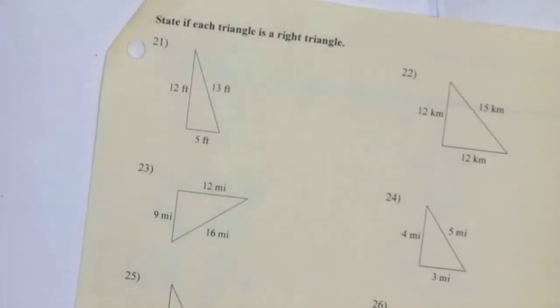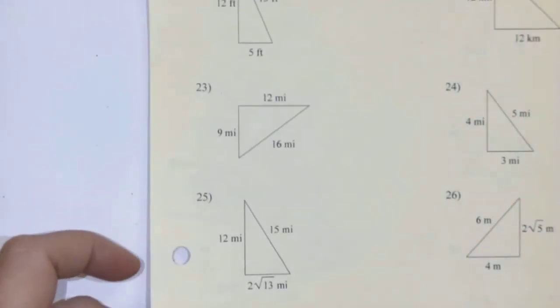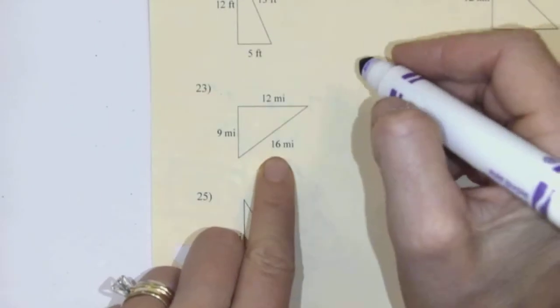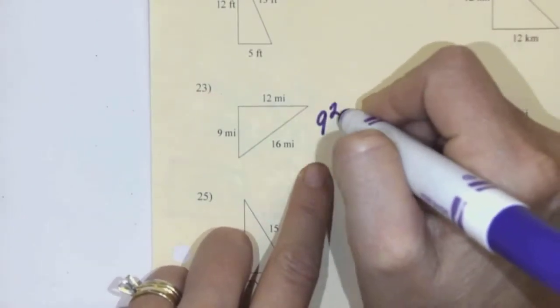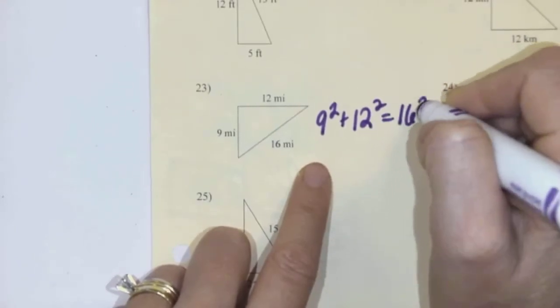Moving on to the next side. Same idea. It says state if it is a right triangle. They all look like a right triangle, but I don't know if it's 90 degrees or 88 degrees or what it is. I want to do number 23. 9, 12, and 16 are the sides. So I'm going to do 9 squared plus 12 squared equals 16 squared.